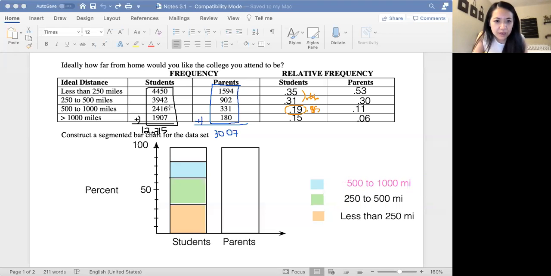And let's do pink. Oh, that's not pink. Let's do pink, there we go. To represent, oh, I made the text pink. More than 1,000 miles.